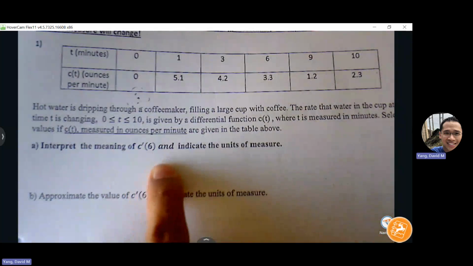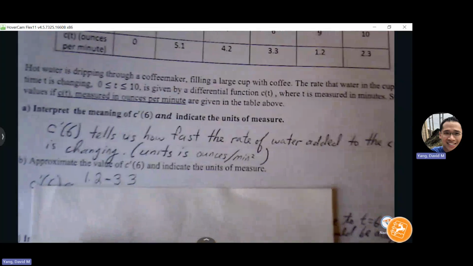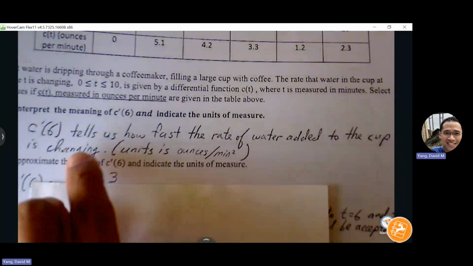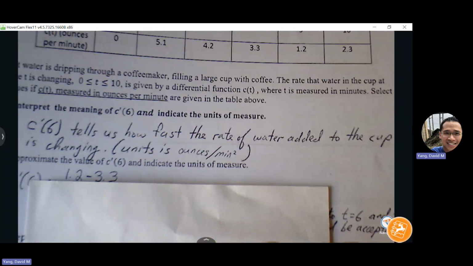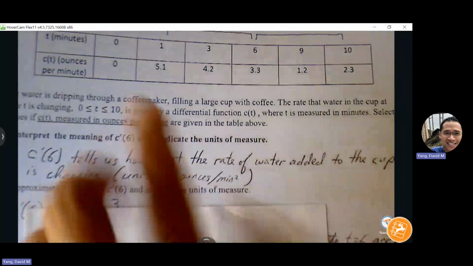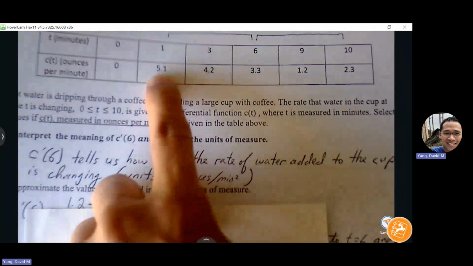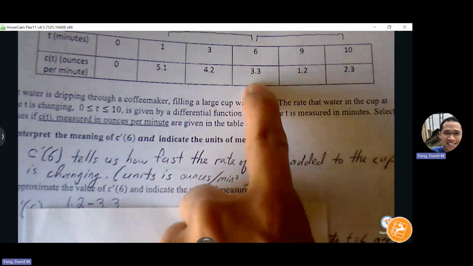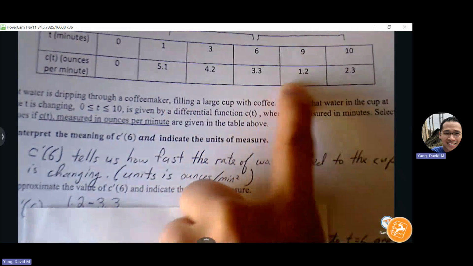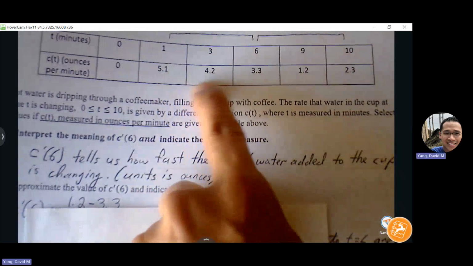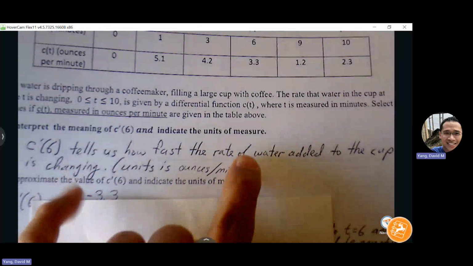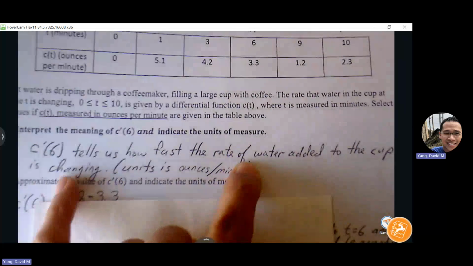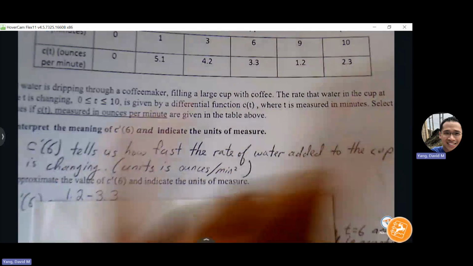So C prime of 6 tells us how fast the rate of water added to the cup is changing. Is the rate being added increasing or is the rate decreasing? For instance, looking at these numbers, the rate that water is being added to the cup is generally decreasing. So instead of saying rate of a rate, we want to say that the rate is changing, or that the rate is decreasing, or that the rate is increasing.